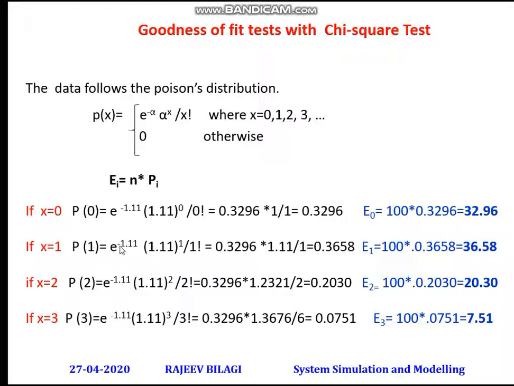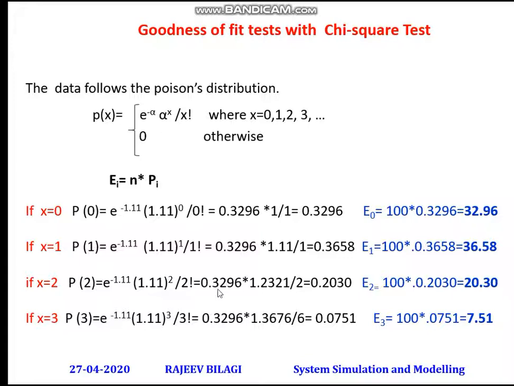P1 is e to the power of minus 1.11, then 1.11 to the power of 1 divided by 1 factorial. That value we are going to get as 0.3658, so 36.58. P2 is e to the power of minus 1.11 into 1.11 whole square divided by 2 factorial. The x value is 2.